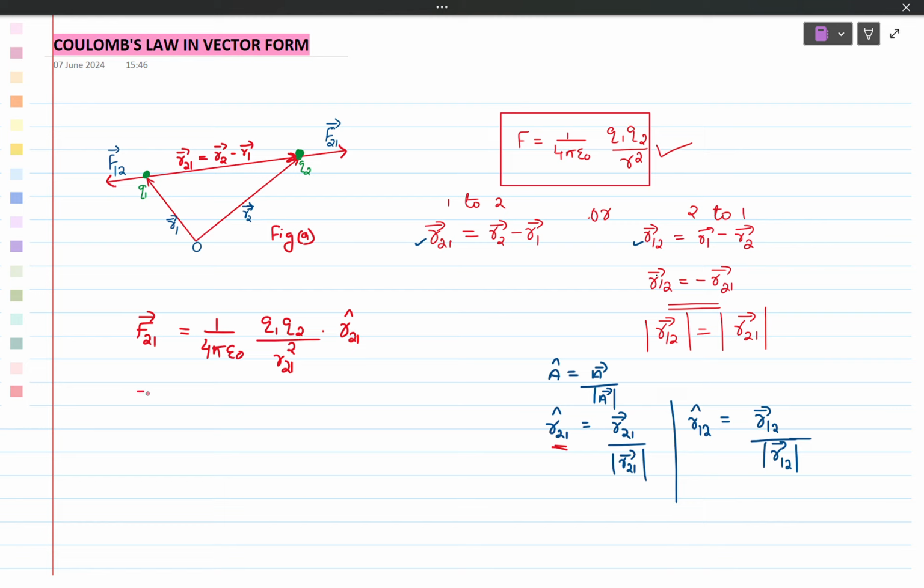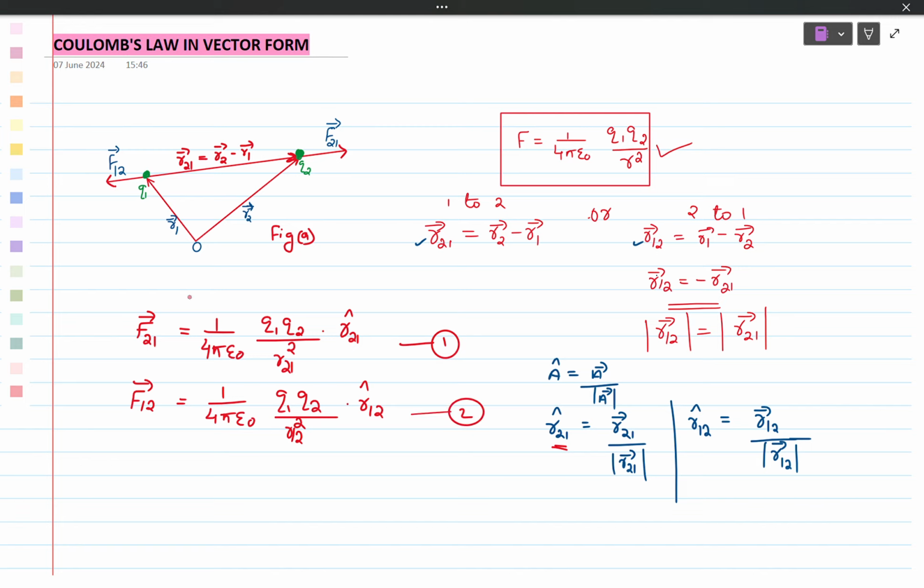In the same way we can represent F12. What is F12? The force on Q1 due to Q2. In order to write this, just interchange the suffixes. So we can write this as 1 by 4 pi epsilon 0 Q1 Q2 by r12 square, and the unit vector will be r12 cap. So these are our equations.